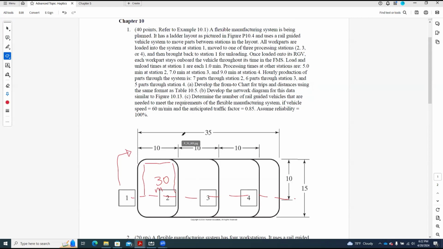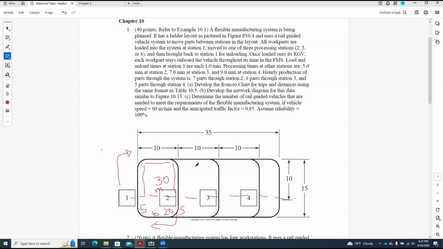I think the direction should have been given somewhere. Let's take it this way. The empty one is now brought back using this distance. This distance is 5, this distance is 10, and this distance is 5. So from 2 to 1 is 20.